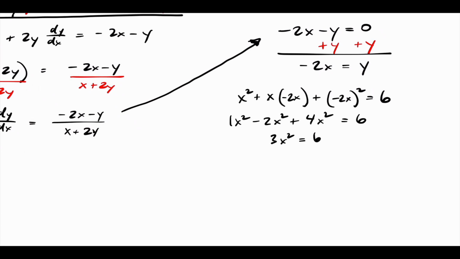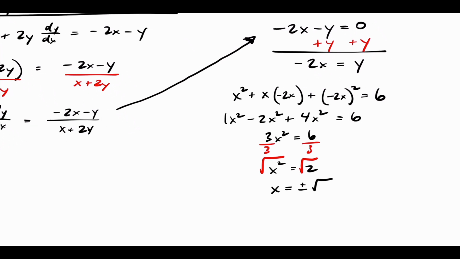So I divide both sides by 3 to get x squared by itself. Take the square root of x squared, and I get positive or negative root 2.